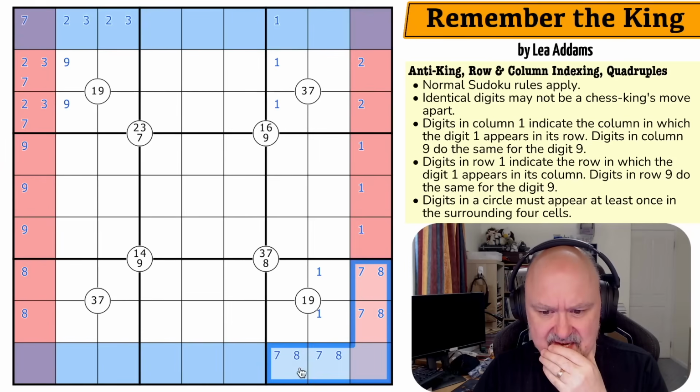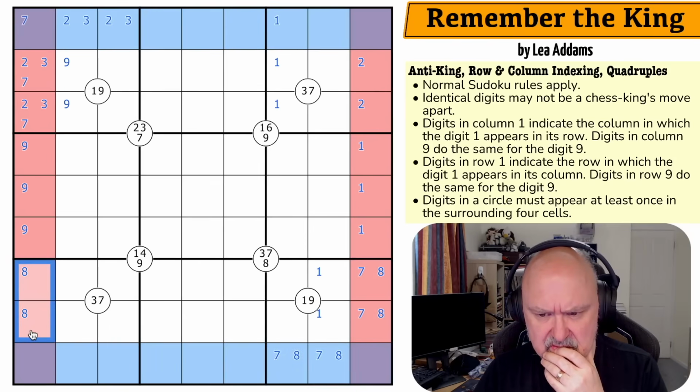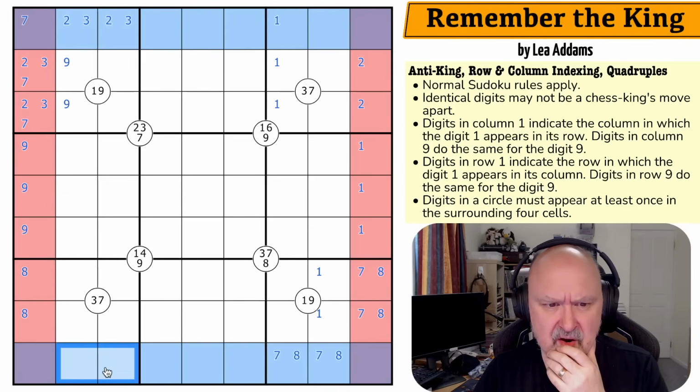It's probably down here that I'm going to get the same restriction. I got that, which is the equivalent of that, isn't it? No. 9 here.